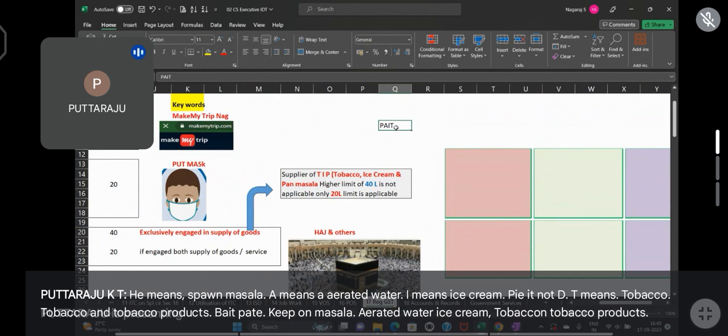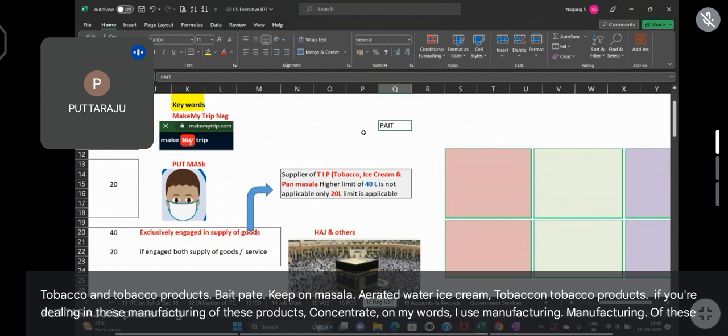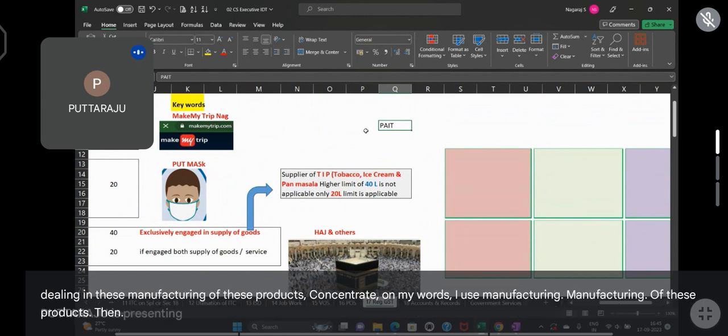If you are dealing in the manufacturing of these products, concentrate on my word, manufacturing of these products, then your threshold limit of 40 lakhs, 20 lakhs or 10 lakhs is not applicable.